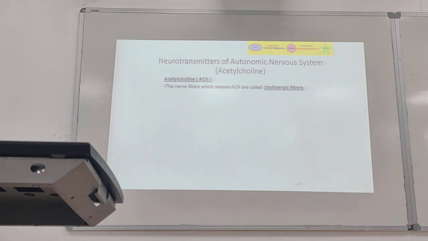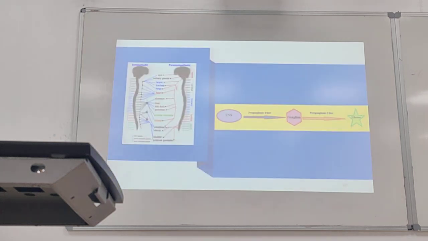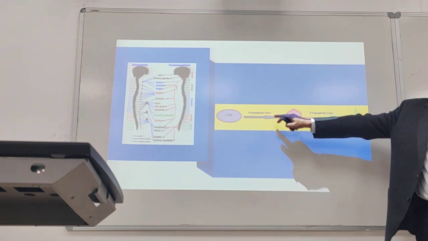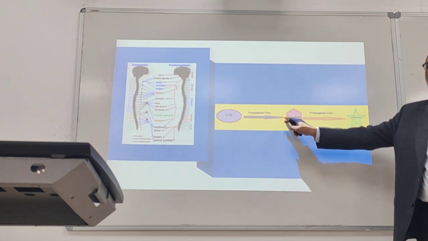So my point here is this, that acetylcholine is at 4 places. I go back before I do this slide. Preganglionic fiber is present in both sympathetic and parasympathetic system. Agreed? At this place it is acetylcholine.